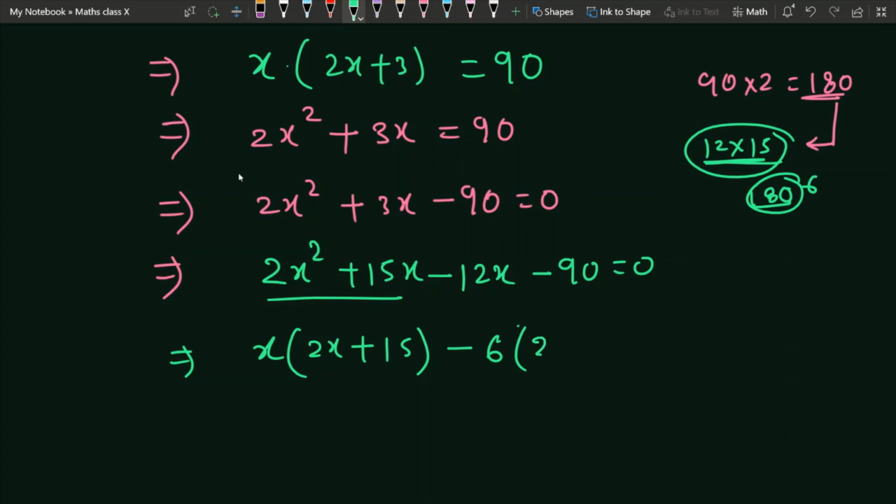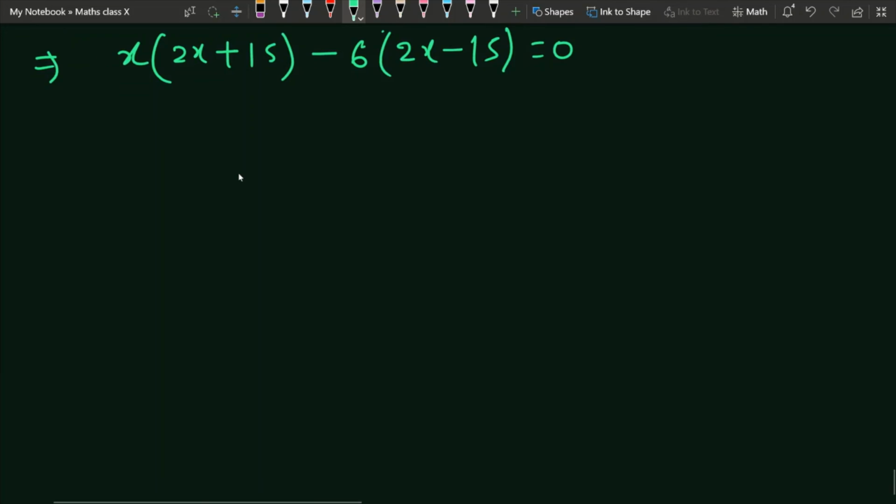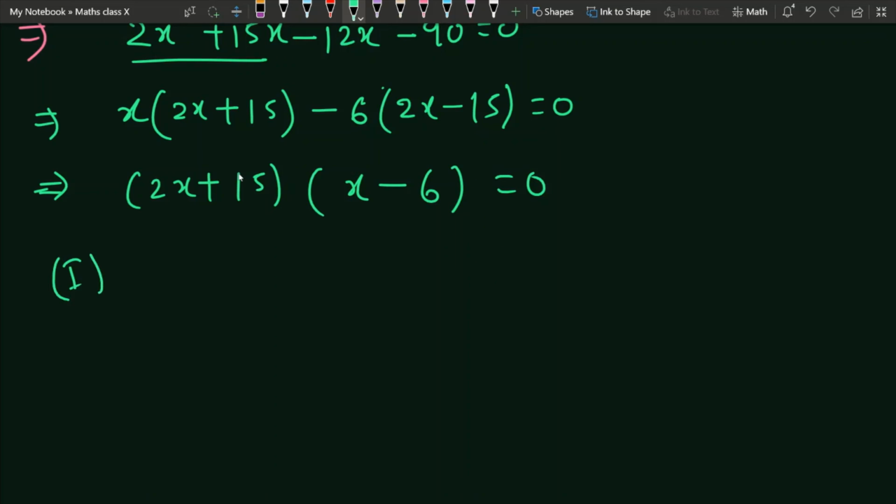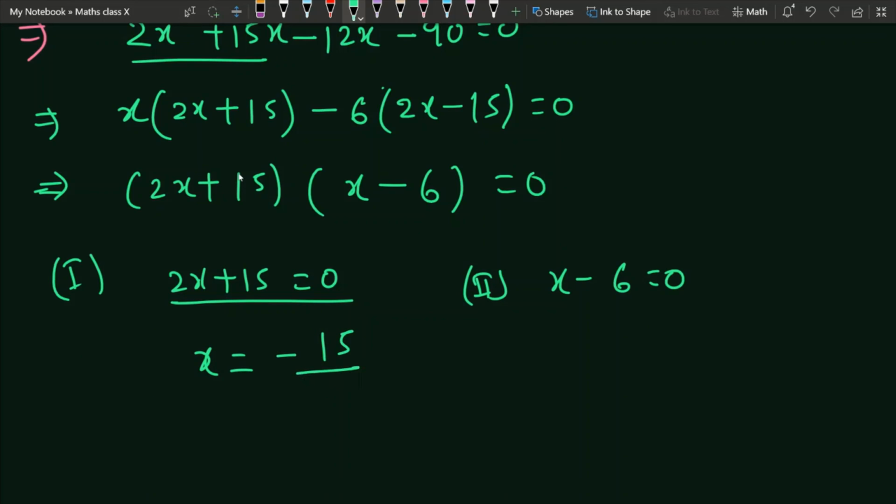So you will get 2x plus 15 and then in another bracket x minus 6 is equal to 0. So it will be either 2x plus 15 equal to 0 or x minus 6 is equal to 0. If you equate this to 0, you will get x is equal to minus 15 by 2. If you equate this to 0, you will get x equal to 6 only. So these two are the answers.